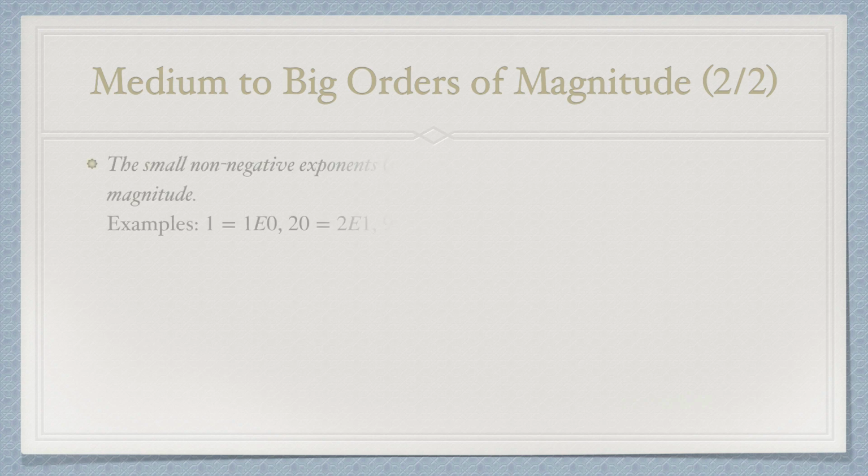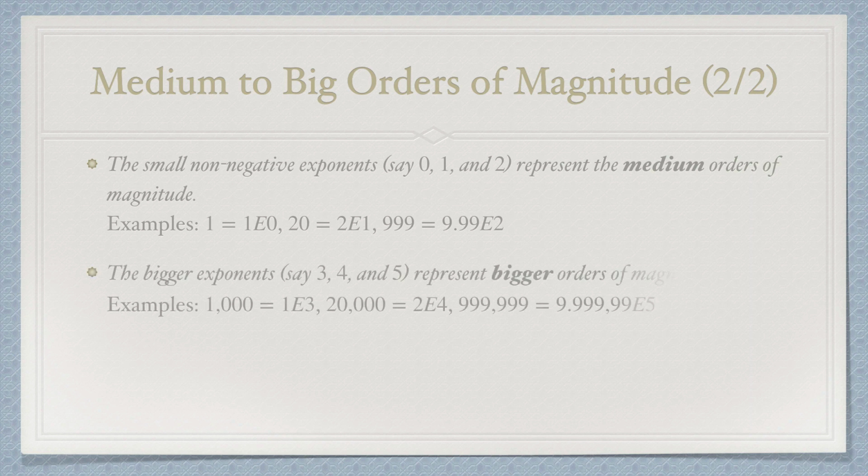The small non-negative exponents, say 0, 1, and 2, represent the medium orders of magnitude. For instance, 1 is with an exponent 0, 20 is with an exponent 1, and 999 is with an exponent 2. The bigger exponents, for instance 3, 4, and 5, represent bigger orders of magnitude.